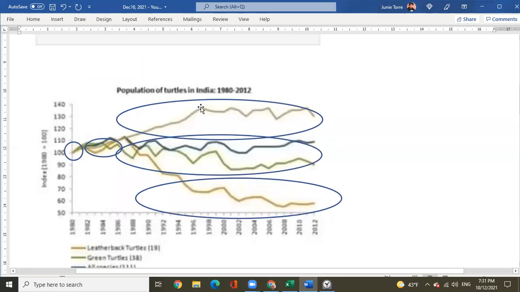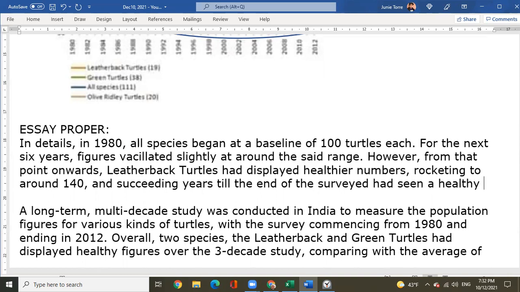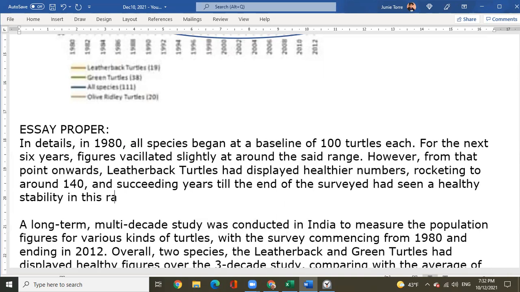Do you see that 140? And then I will just jump all the way to the end. And succeeding years, there is such a word as succeedingly. Succeeding years till the end of the survey had seen a healthy stability in this range.